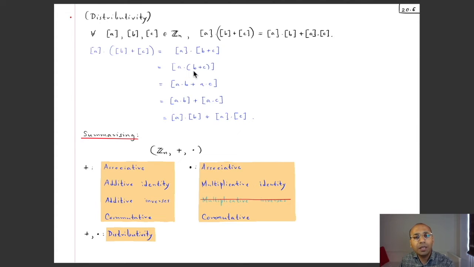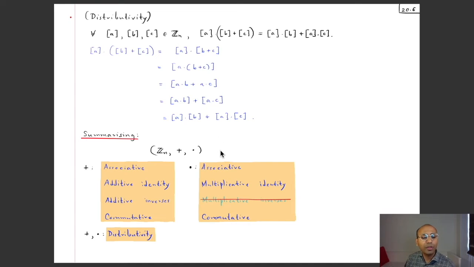But this is integer multiplication and this is integer addition, and we know that we have the distributivity law in Z. So using that, this is A times B plus A times C. And now, by the definition of addition modulo n, this splits into the equivalence class containing AB plus the equivalence class containing AC. And this equivalence class containing AB is actually the product of the equivalence class containing A with the equivalence class containing B, and likewise this thing is the product of these two, which is the right hand side. And so we have proved this distributivity law.